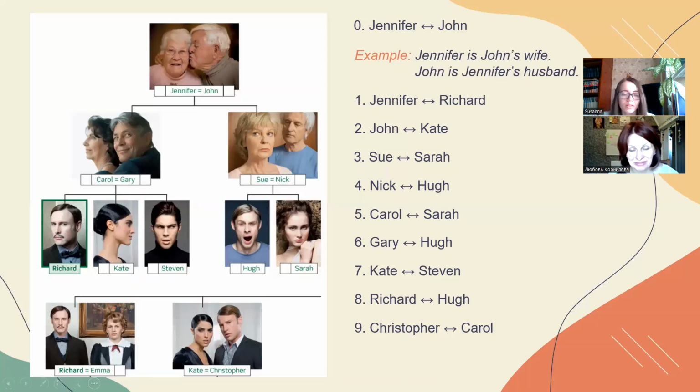No, he is a man, so he can't be a daughter. Но он же муж Кейт, муж ее дочери. Yes, right. So she is Carol's daughter, right? And you said correctly that Carol is Christopher's mother-in-law. So he is Carol's son-in-law. Yes. Okay, so it's easy. It's easier than in Russian. We need to add in-law.